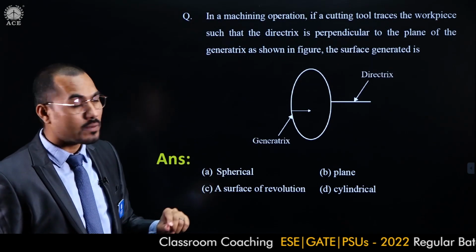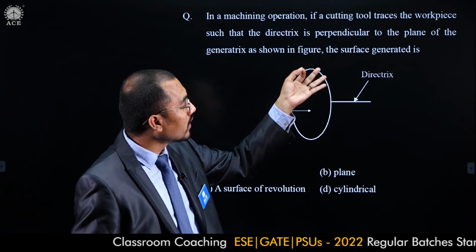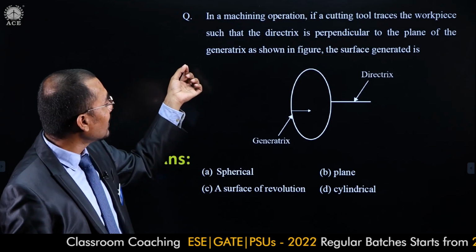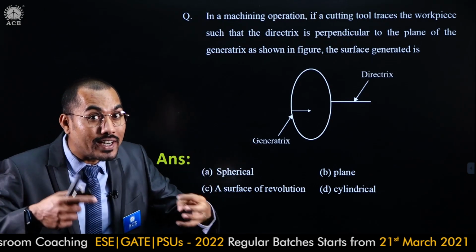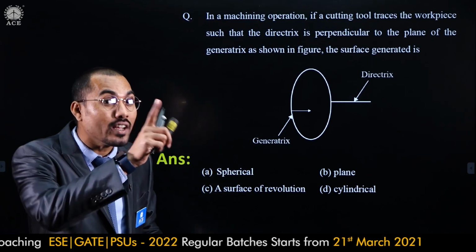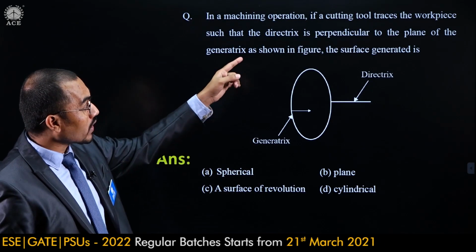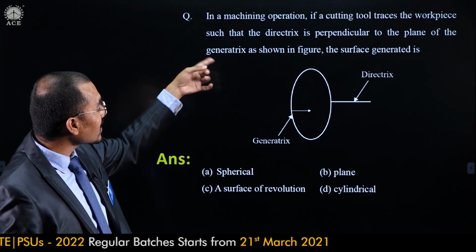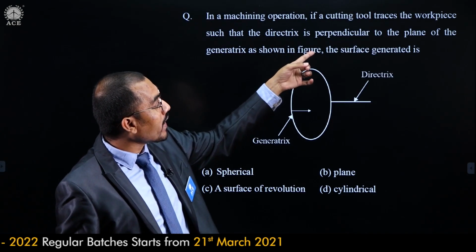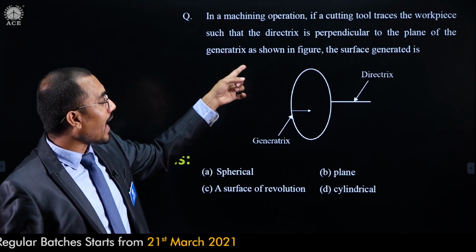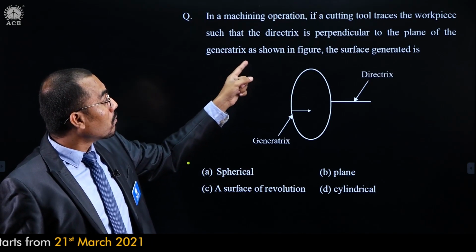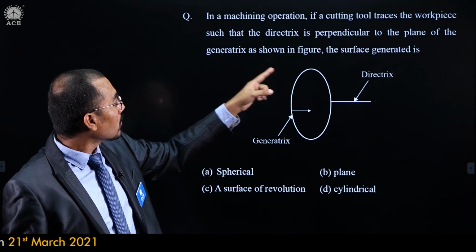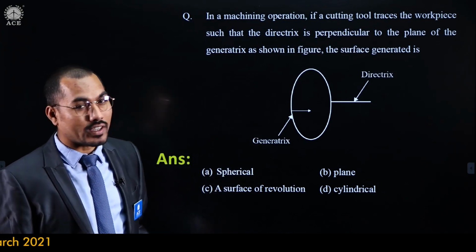In the machining operation, if the cutting tool traces the workpiece such that, because we know that there has to be relative motion between tool and the workpiece during a cutting or machining operation, the directrix is perpendicular to the plane of the generatrix, as shown in the figure.